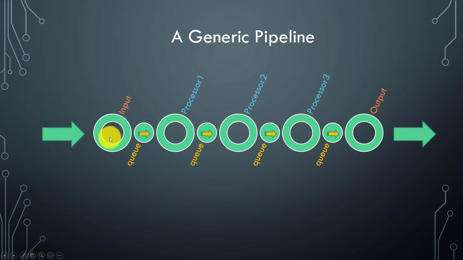So from input it goes through the queue to the first processor. From the first processor, its output goes through the queue, feeding the second processor, and so on. Finally it generates the output. So in Splunk, every place, this particular architecture is followed. Okay, so we understood the concept of pipelining.